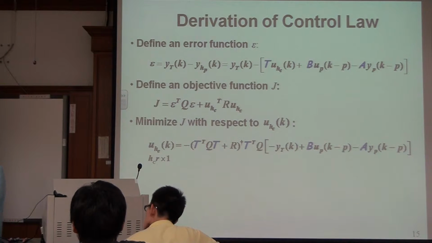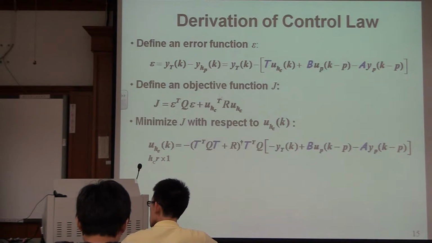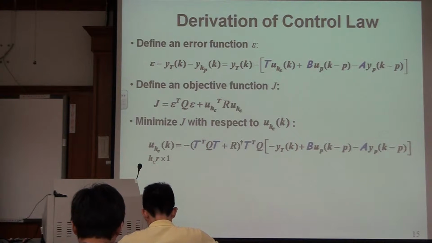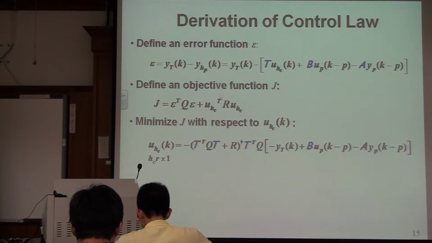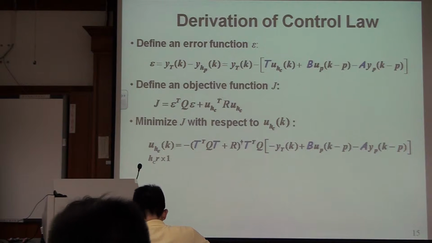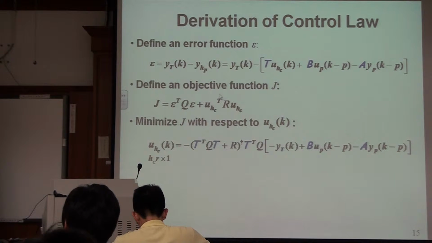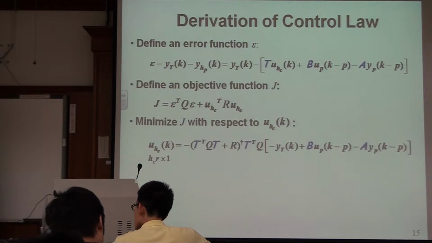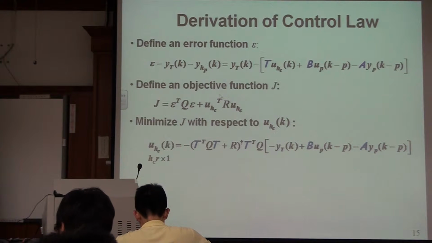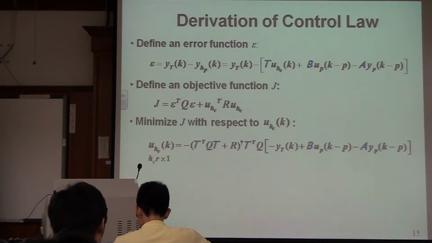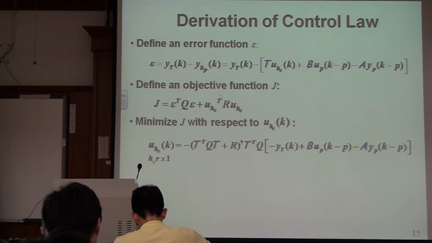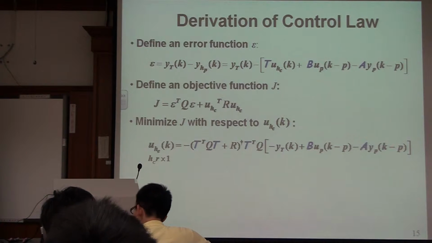Be careful about X now. X equals Y t K minus Y hat PK. This is my desired output, and this is my true output.